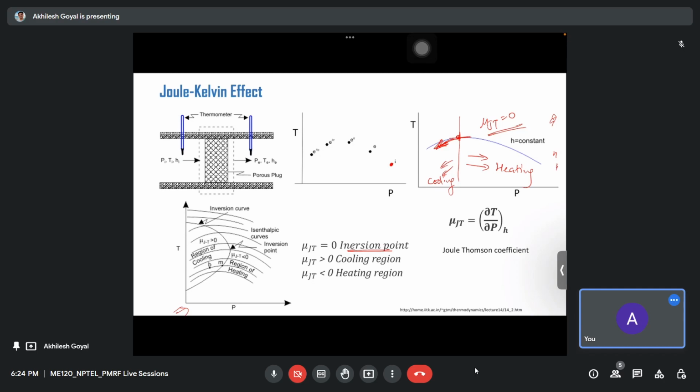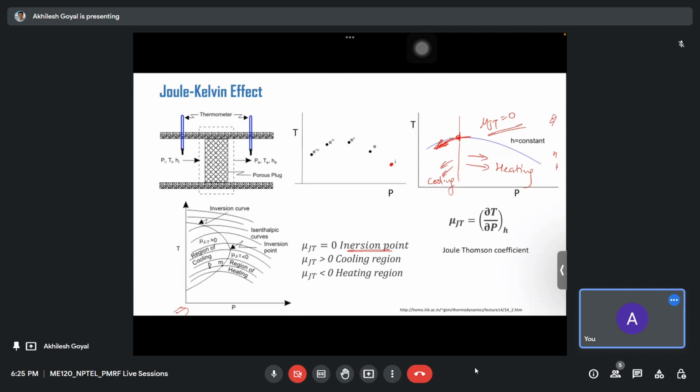So what happens in the expander or expansion valve, the gas or refrigerant always works in this region of cooling. The pressure is always dropped from somewhere close to this inversion point to the left side, and the cooling will occur.